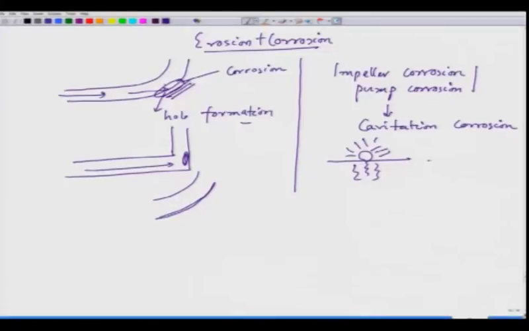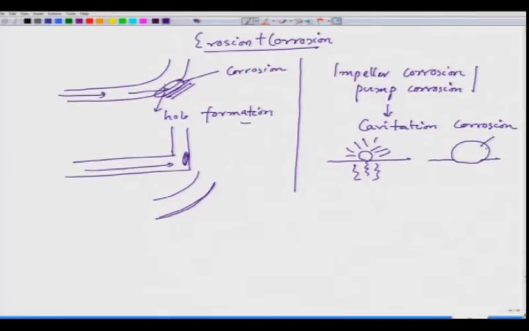Once we have deformation, that means the surface is becoming active. Once it becomes active, the corrosion rate also increases compared to the region where the bubbles are not forming, and then there is prolonged corrosion of that region. Because of this bubble collapse, there is a small dent, and once we have a small dent, that will nucleate another bubble around that region.